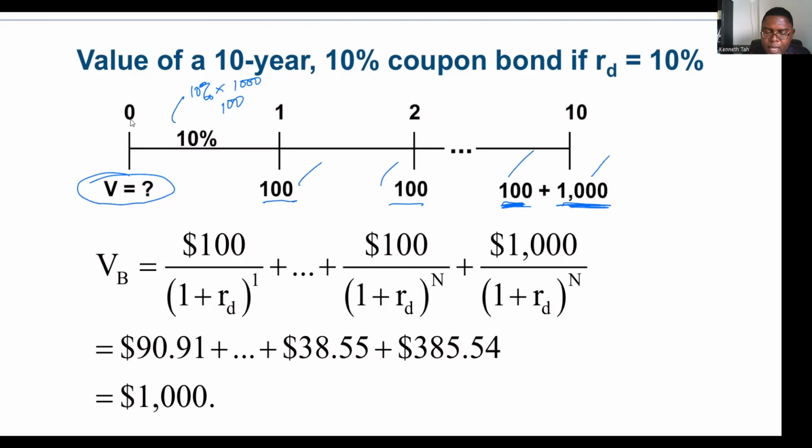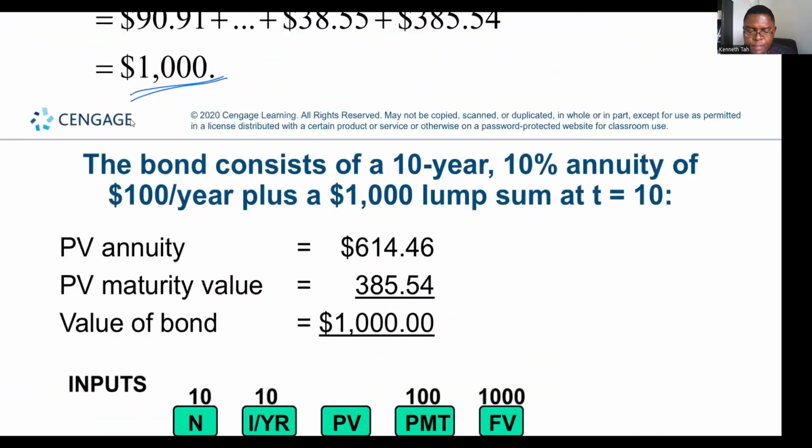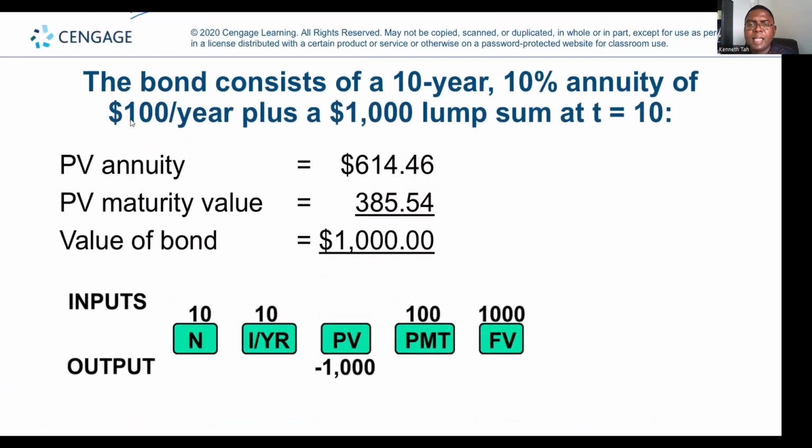This interest is given as 10%. Once we calculate the present values and add all of them, we are going to get a value of 1,000.